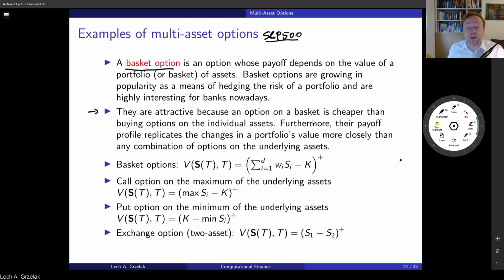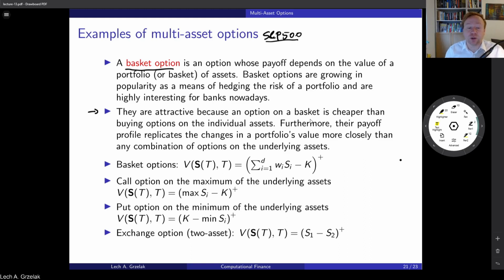So this basically means that you can possibly even buy more of the assets, because the volatility associated with an individual stock can be much higher than the volatility associated with a whole portfolio, a whole basket of underlying stocks.